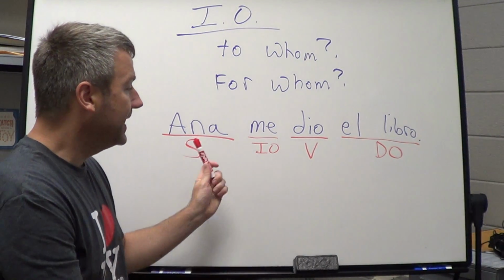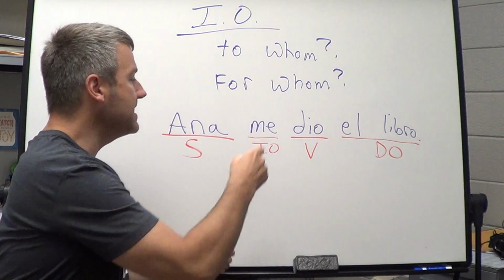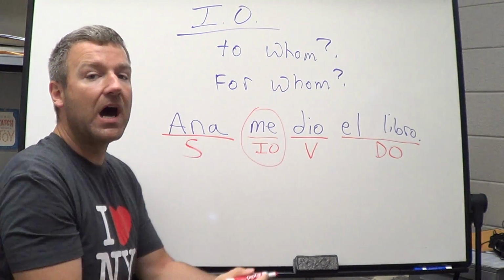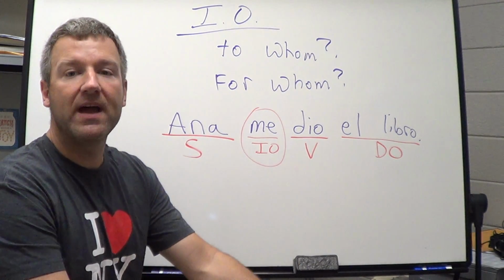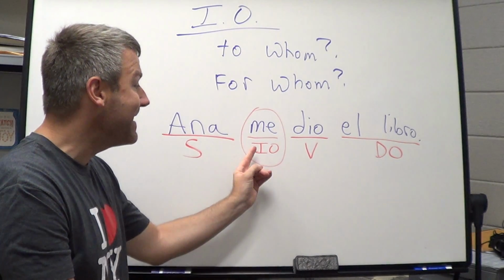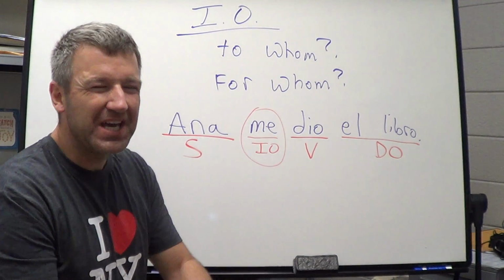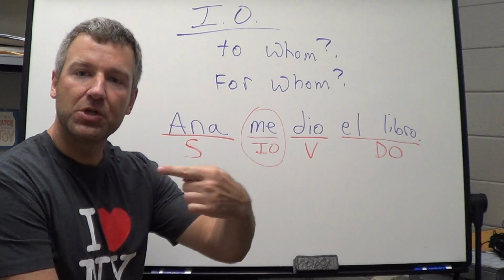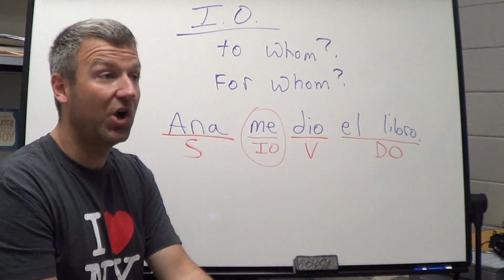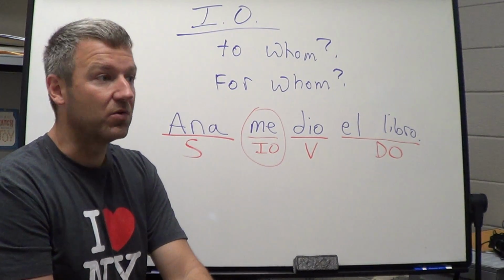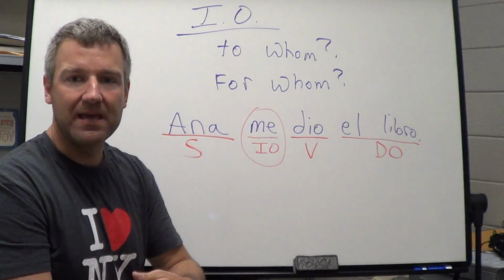Now, if you take a look right here, guys, "me" is very, very obvious as far as to whom that refers. When you see "me," you know without a shadow of a doubt that "me" refers to me. It can't refer to her, to him, or to anybody else. It refers to me.